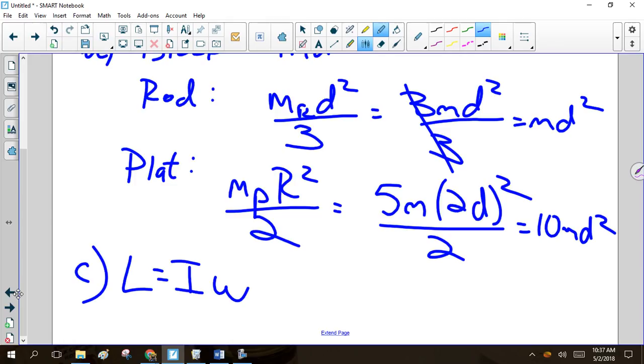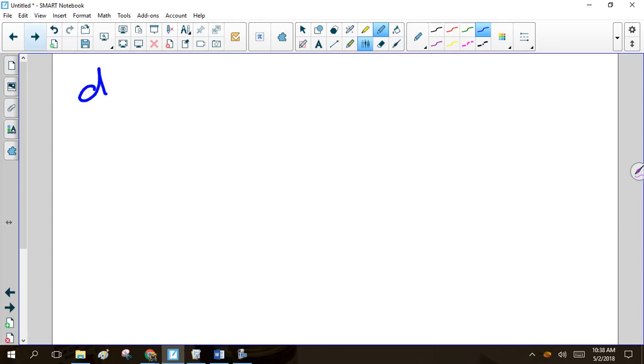It says the same constant angular speed is maintained by the motor. That's an external torque, right? The motor is going to provide the torque to make the platform do what it wants to do. Good? Does that make sense? So we're still spinning at an angular velocity, omega. So to do part D, it says derive an expression for the distance x the spring is stretched when the rod reaches the position shown.